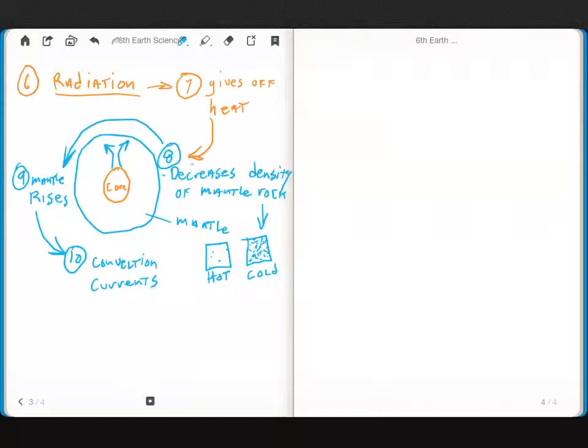Convection currents. And getting now to our crust that's on top of the mantle. Here's the crust with the continents and the oceans. And that crust is divided up into plates separated by cracks. When that convection current hits this crustal plate, it moves it.